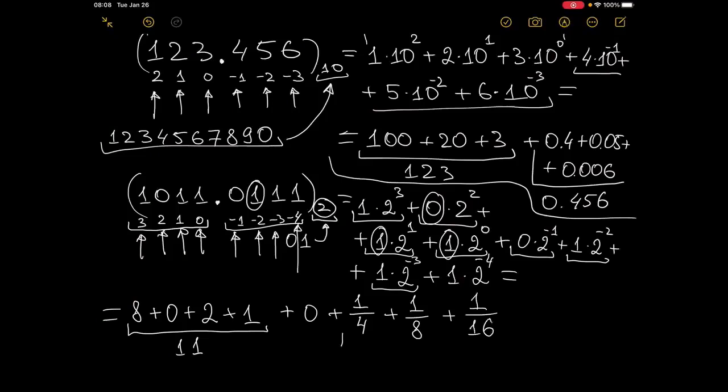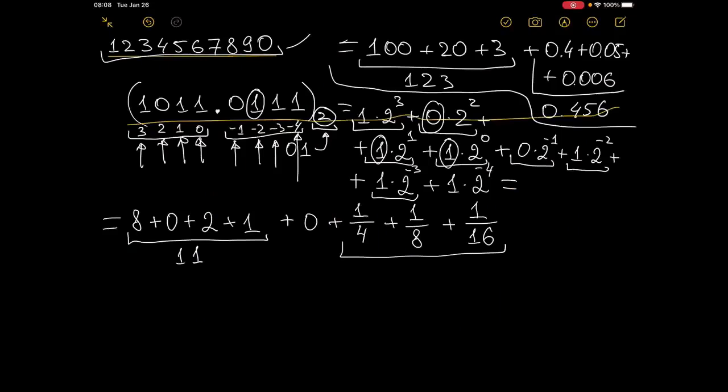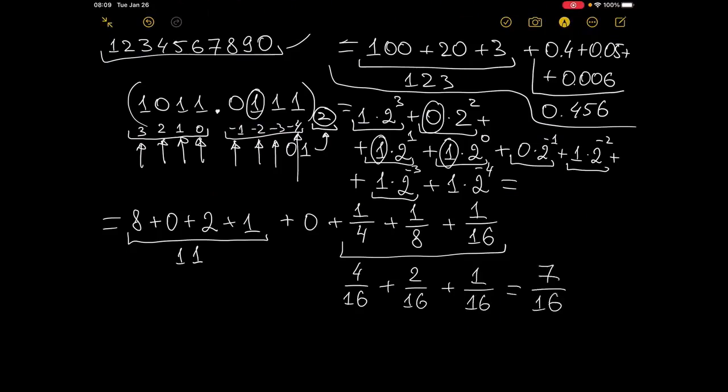Please, I leave it up to you how to convert it. I believe you can add them. Okay, let me not be so lazy, so I will do this. 1/16 plus 2/16 plus 1/16. So it will be altogether 7/16. That's it. So this is the fractional part of this binary representation number.